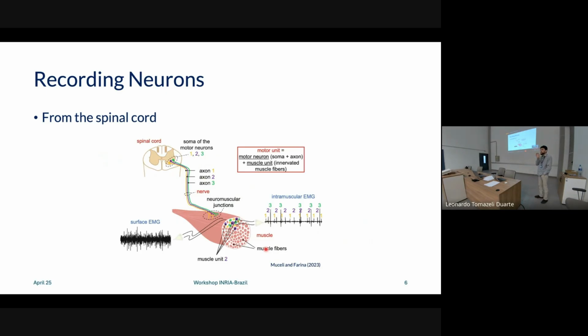But from the spinal cord, the task is a little bit less challenging, because we have one specific characteristic of the motor system: one motor neuron innervates, let's say, hundreds or thousands of muscle fibers, and this unit, the so-called motor unit, gives us the opportunity to decode the spiking activity of these neurons.